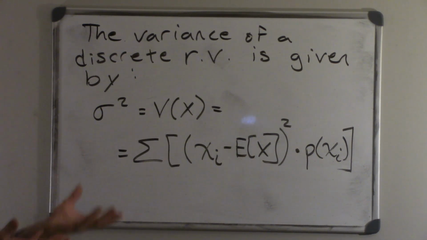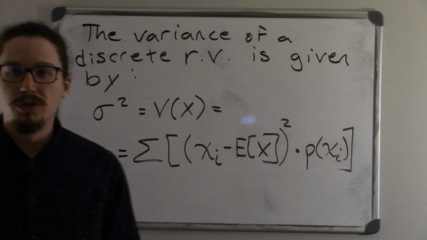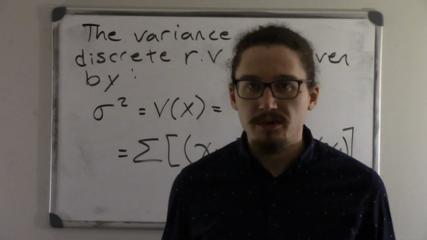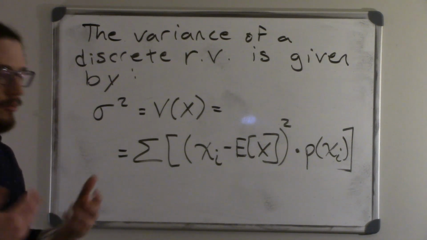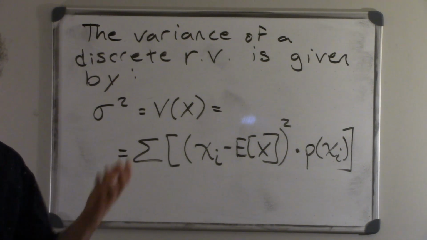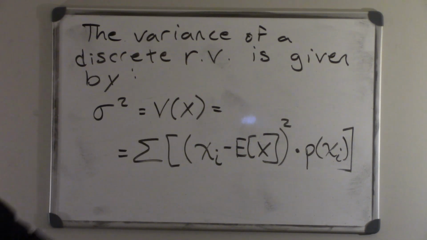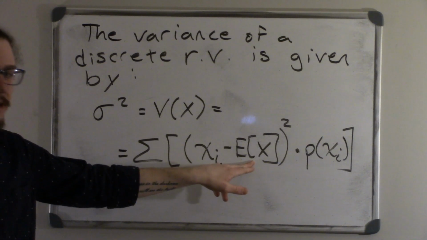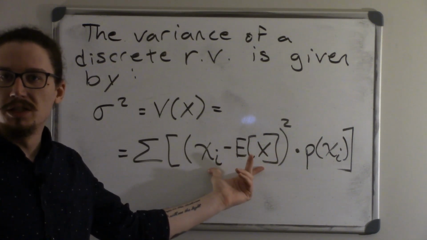Essentially all we're doing is the exact same kind of stuff that we would do for the variance of just a random variable x, like we did in chapter 4. It's not that different. Just like with those variances, it's a little time consuming. Here we've got xi minus the expected value, squared, which is really just the squared deviation from the mean.